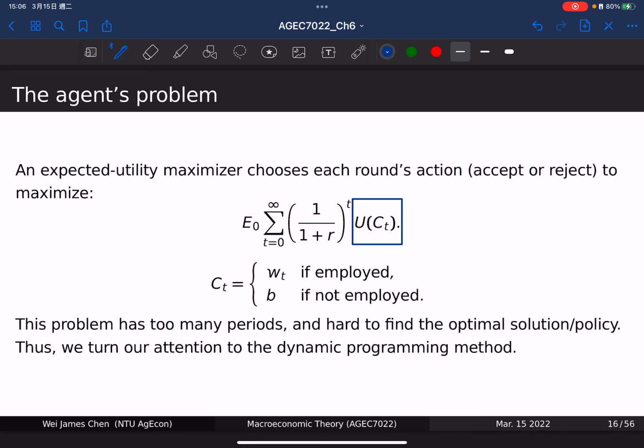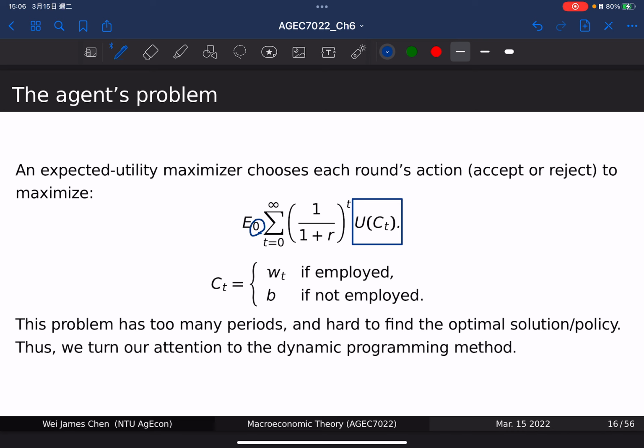This expectation has a lower subscript 0. That means I'm taking the expectation from the time point of period 0, considering t equals 0 to t equals infinity, infinitely many periods.